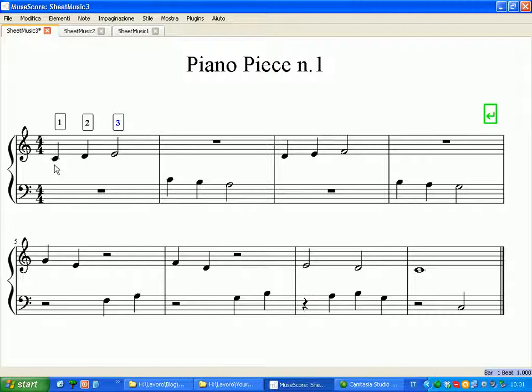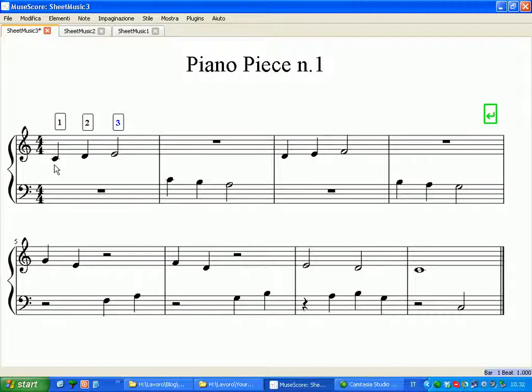As you surely remember, this note is called a half note, also called a minim, which lasts twice as long as a quarter note. So in this case, it will last 2 beats.